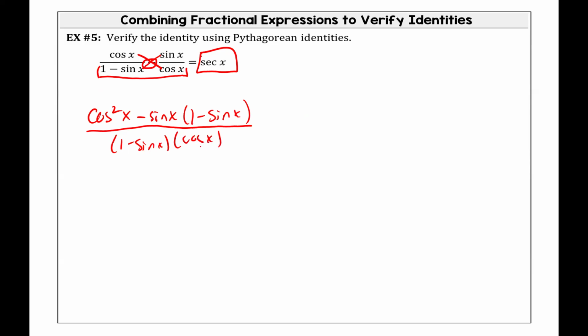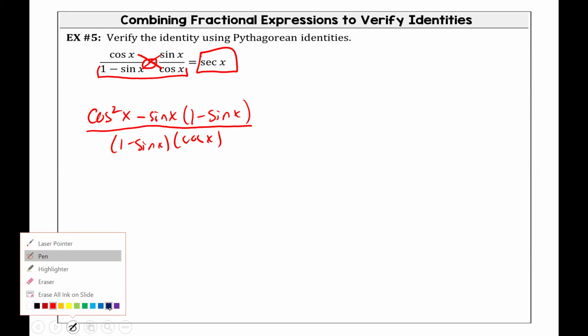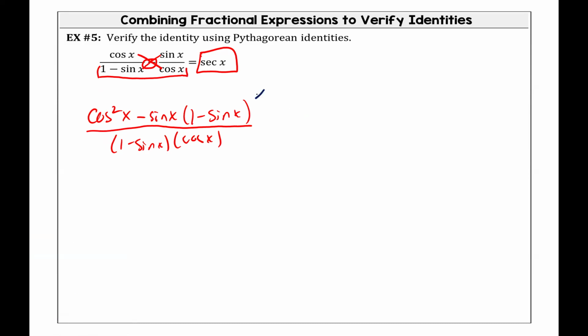We're going to leave them factored. We're not going to distribute them. We're going to focus on the numerator. So focusing on the numerator, we are going to distribute and simplify.